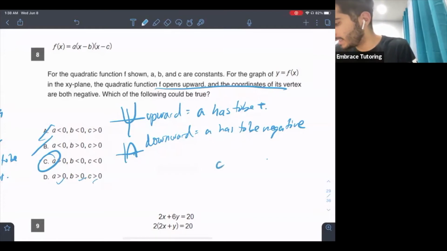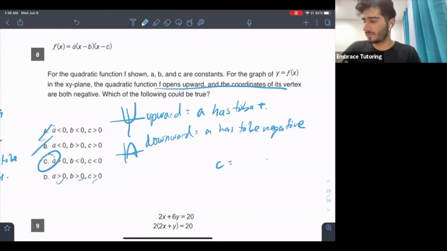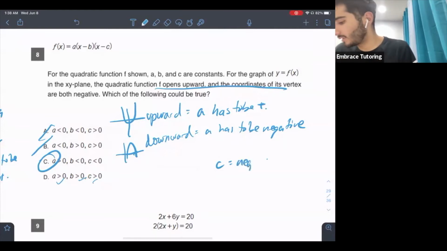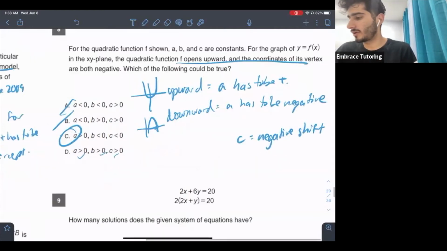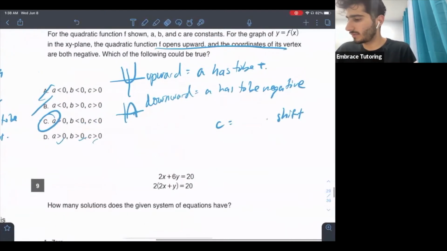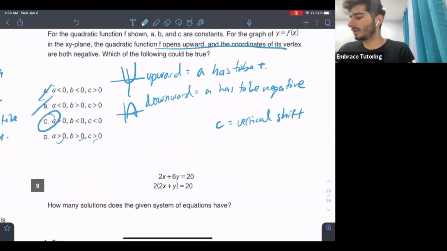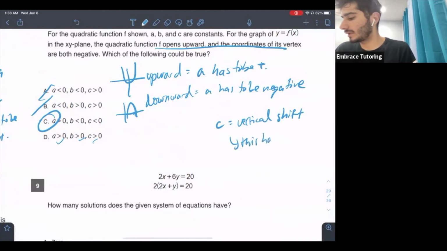Since c determines the vertical shift, it has to be negative, meaning this has to be less than 0.